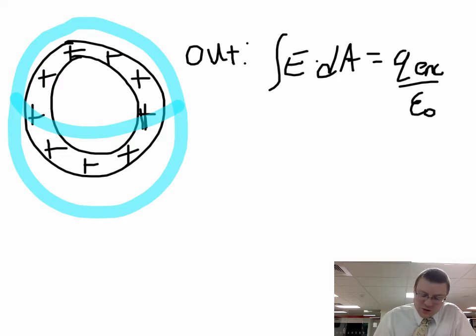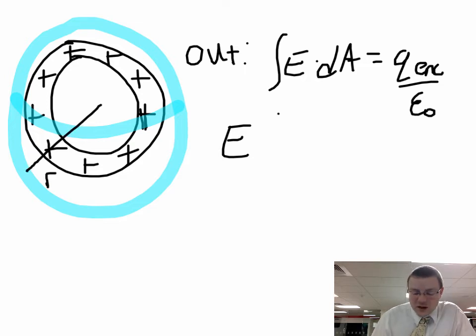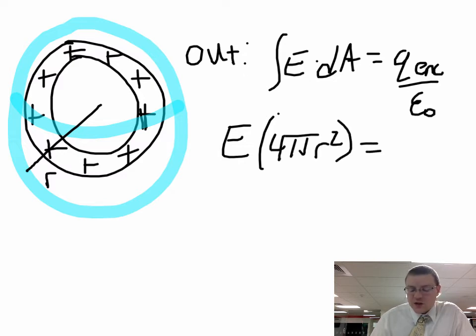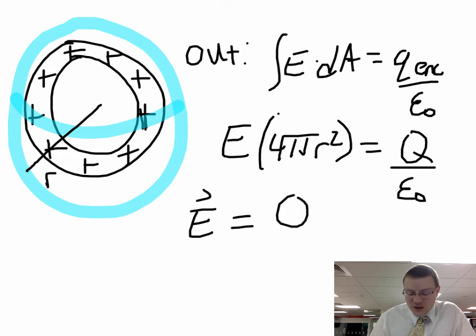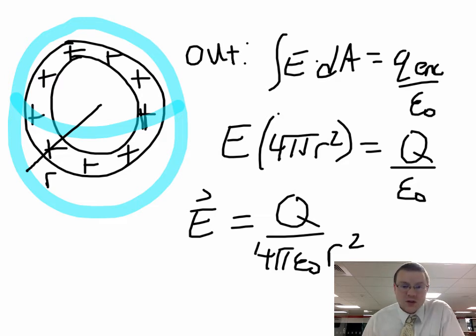That means we can pull out the electric field since it's uniform at our distance of r to the Gaussian surface. dA becomes the surface area of our Gaussian sphere, which is 4 pi r squared. The charge enclosed is all of q, and epsilon 0 is our constant for permittivity of free space. Solving for the electric field outside, we get q over 4 pi epsilon 0, which remember is just k, over r squared. So it's following a point charge, which we knew from way back when.